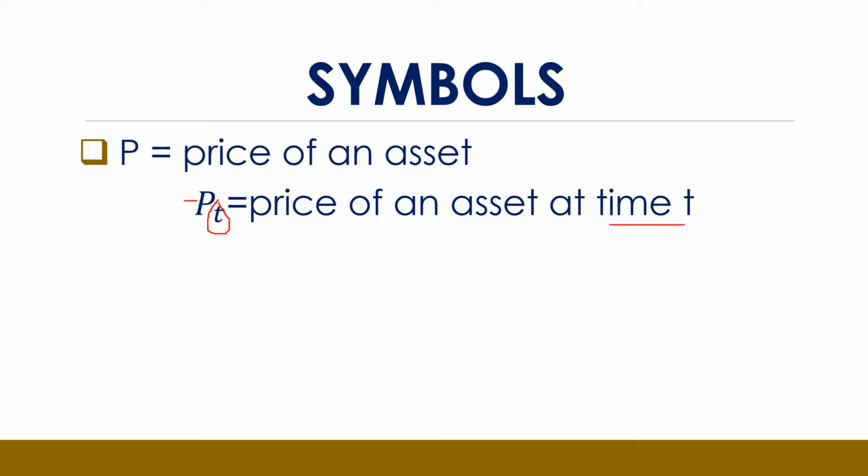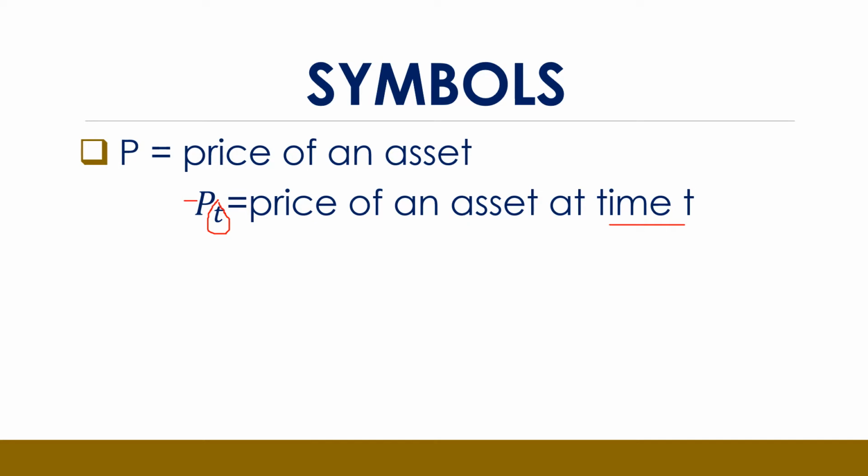But P can also represent the price of an asset i, which means it will change as you move from one asset to the other. If your asset, for example, is the stock price, as you move from one stock to the next, the price changes. The price of Equity will be different from the price of KCB, and so on.